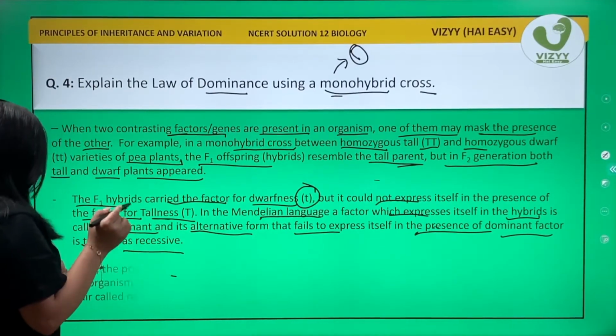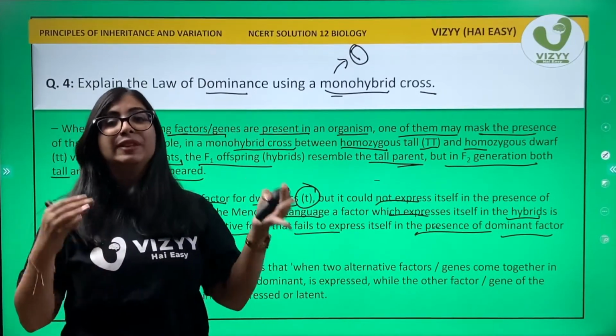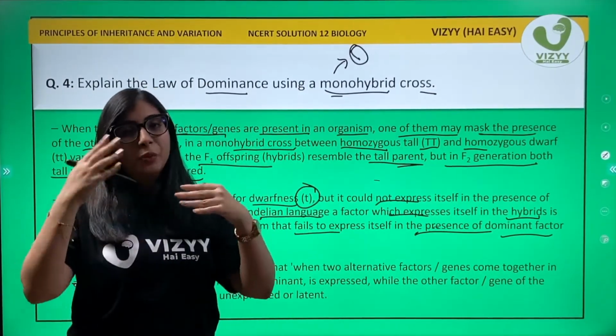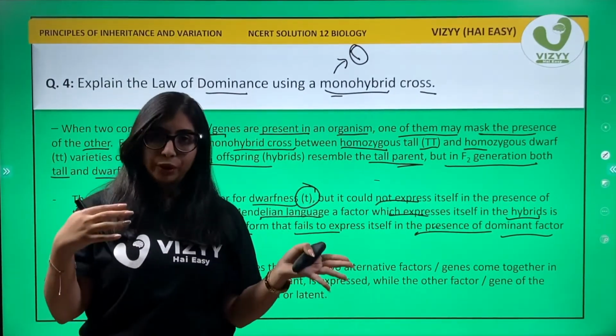Now students, keep this in mind. The one which expresses itself is known as tall or dominant, and the one which fails to express itself is known as dwarf.